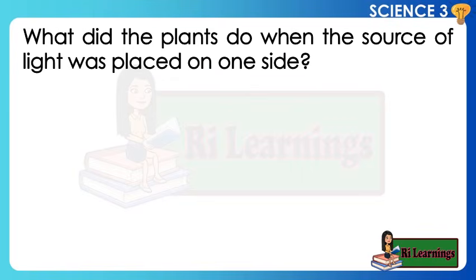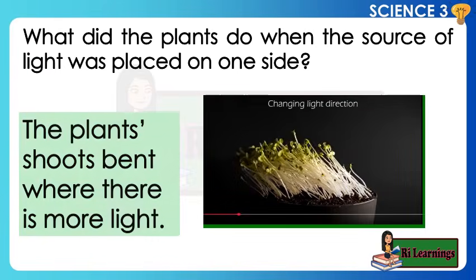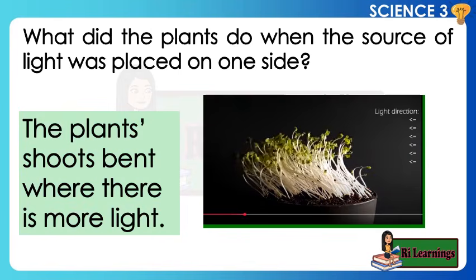What did the plants do when the source of light was placed on one side? The plant's shoots bent where there is more light.